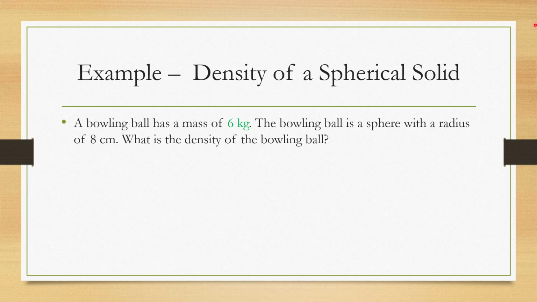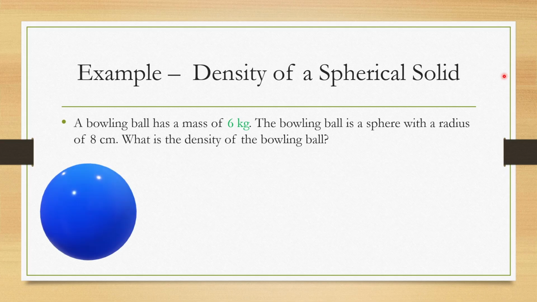In this slide, I will be talking about how to calculate the density of a spherical solid. This problem is a little bit different, and we will be calculating the volume of the bowling ball first. We have a bowling ball here, and we are given a radius of 8 centimeters.